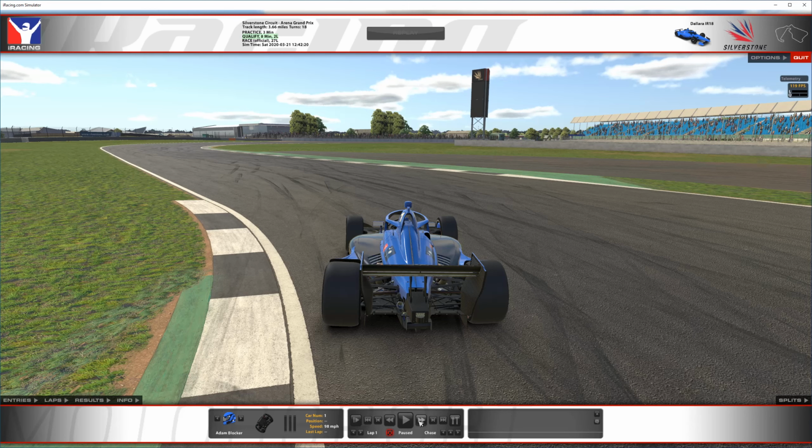Another big thing, which isn't really the case at Silverstone, is to notice elevation changes and camber of the road. If you have a corner that's positively banked, like an oval turn or something similar, then your car is going to typically rotate better than if you have a corner that's negatively banked.